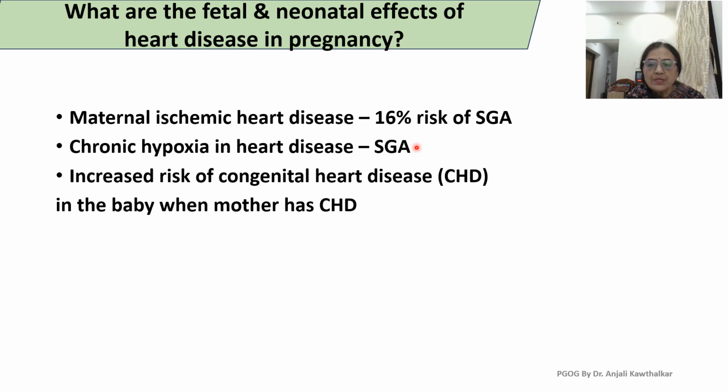Prematurity is also sometimes seen with heart disease, and overall there is an increase in perinatal morbidity and mortality. Another cause is an increased risk of congenital heart disease in the baby whenever the mother has congenital heart disease. So that also adds to the burden of perinatal morbidity and mortality.